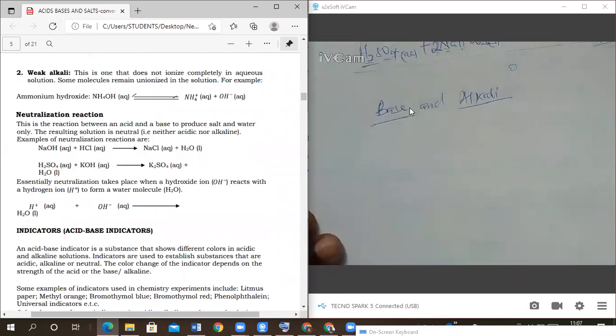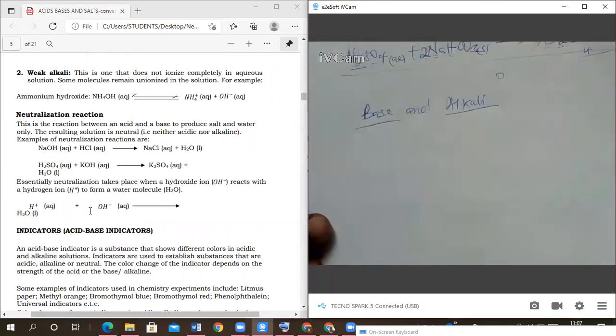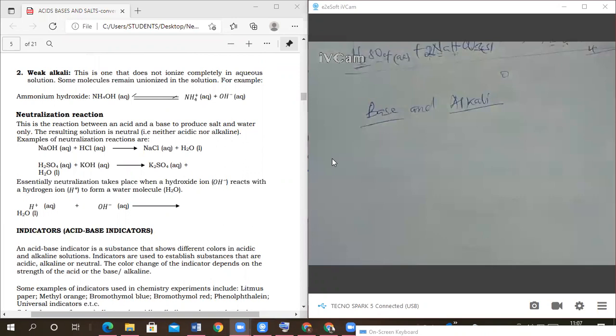What is the base? Which one dissolves? The base?